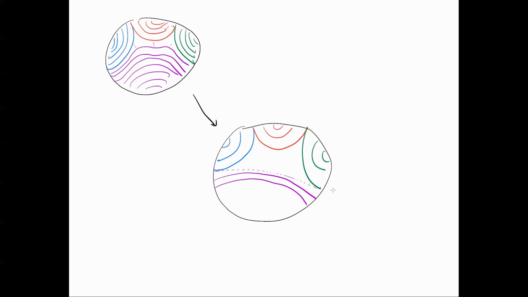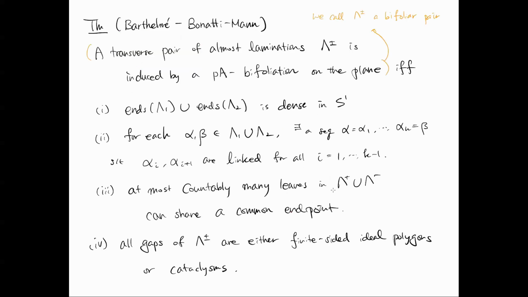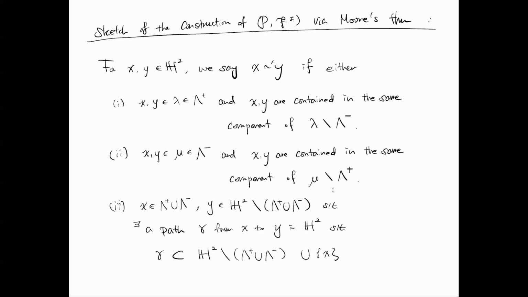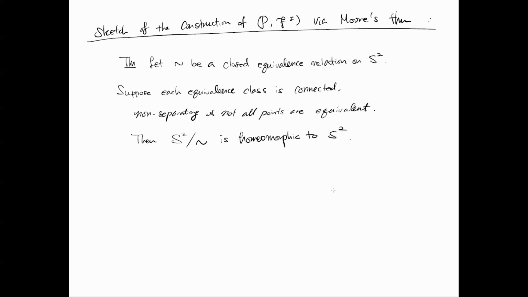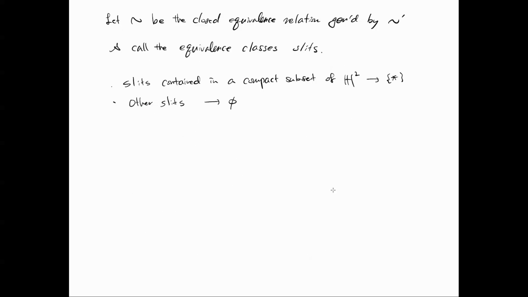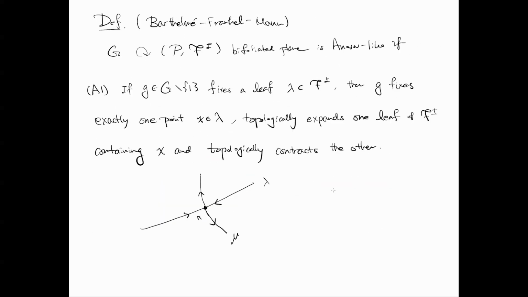So in the recent paper, Barthelmé-Bonatti-Mann gave a necessary and sufficient condition for a bifoliated plane to correspond to the picture in the orbit space of an Anosov flow.